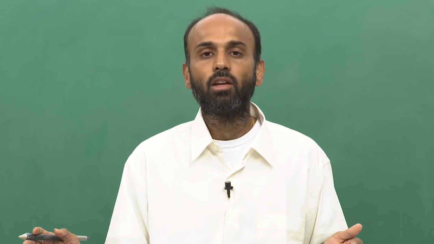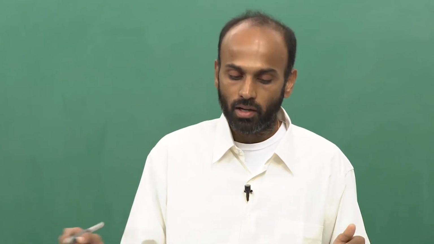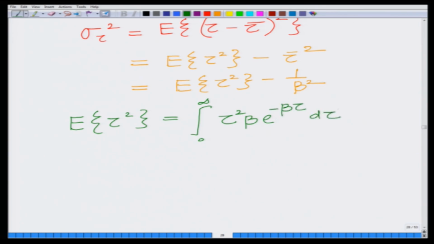Now, let us evaluate the expected value of tau square, that is the average of the square of the delay. The expected value of tau square is nothing but the integral from 0 to infinity of tau square beta e to the power of minus beta tau d tau.